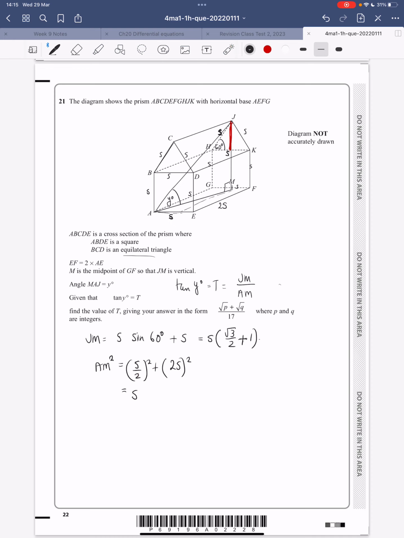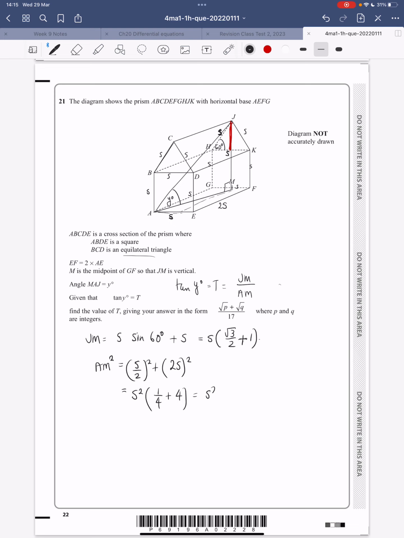So that's going to be S squared can come outside the bracket now. And so the S squared comes outside the bracket, and we've got 1 over 2 all squared, so that's a quarter. And this is going to be 4S squared, with the S squared outside. That's going to be 4.